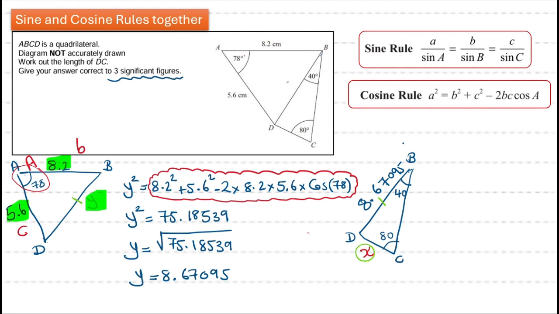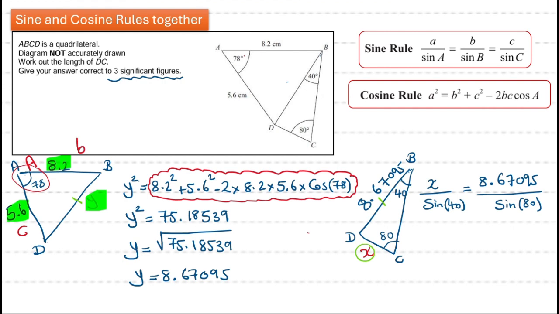So using the sine rule, we write the side x over sine of its opposite angle, which is 40 degrees, equal to the side 8.67095 over the sine of its opposite angle, which is 80 degrees.